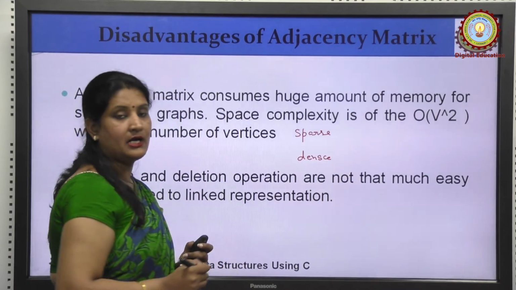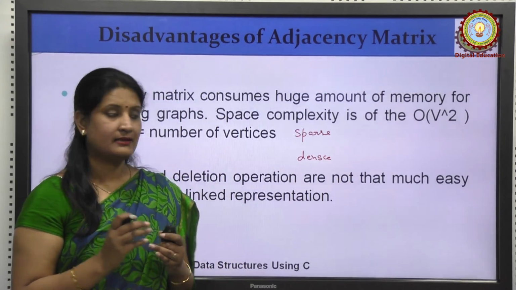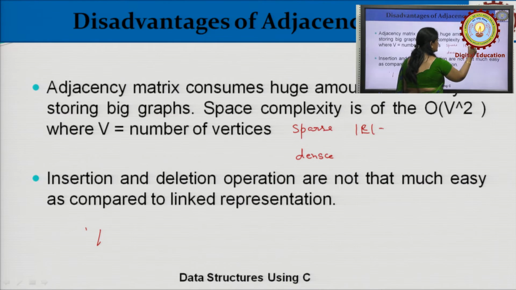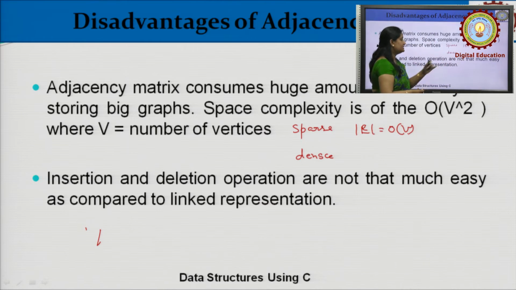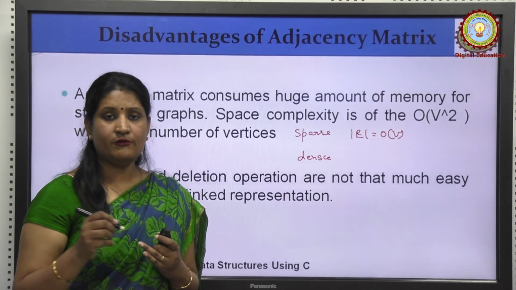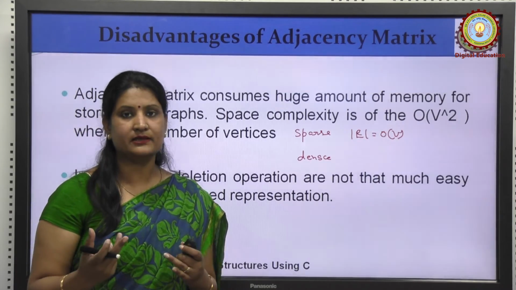In a sparse graph, the number of edges is very small. That means the number of edges is almost order of V. And dense graphs are those graphs in which the number of edges is very large.